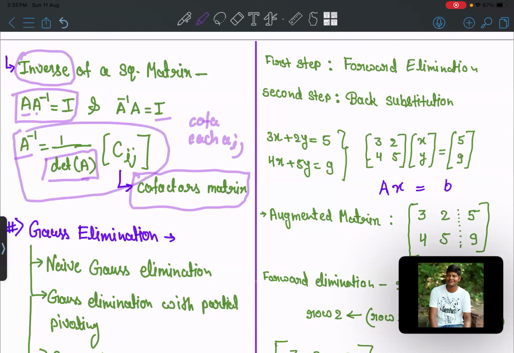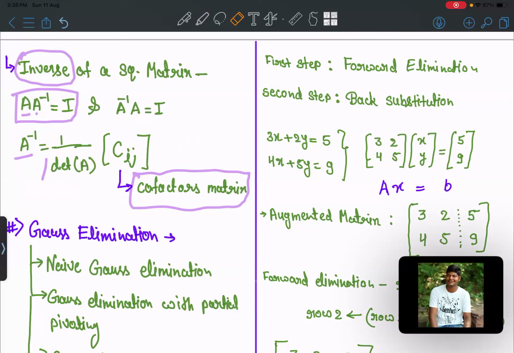Gauss elimination and other techniques that we will discuss in this course are matrix inversion techniques so that we can avoid this problem. This involves a lot of mathematical and algebraic calculation to find the inverse of a matrix.